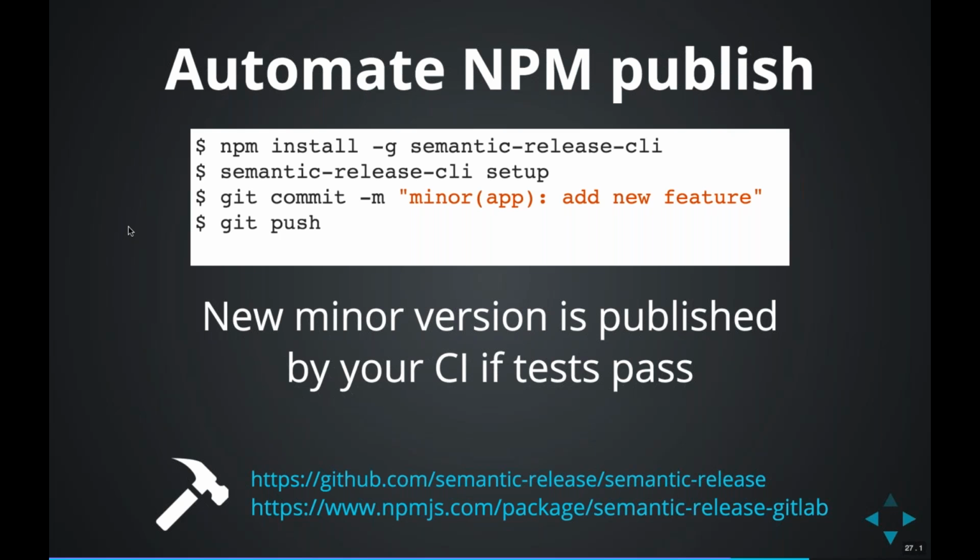If it finds any comments that follow this format, where it's like minor or major or patch, then it will actually compute a new version. In this case, it will be a minor update. And only if tests pass, it will release a new version, completely automated. The human is taken out of the equation.